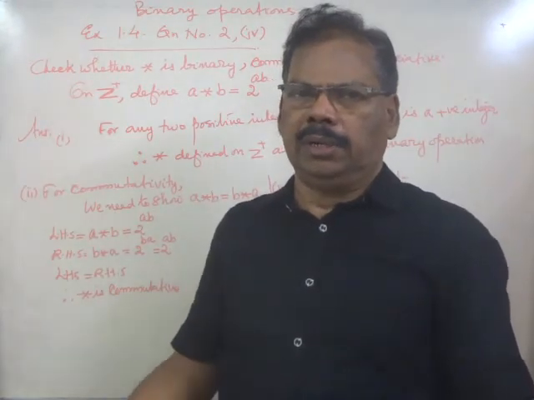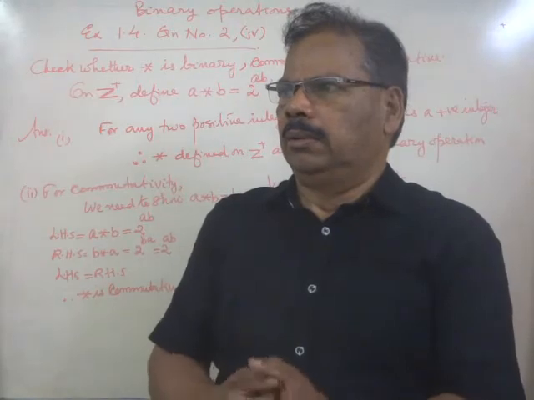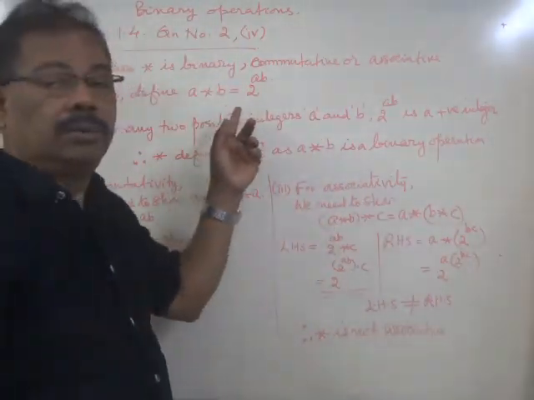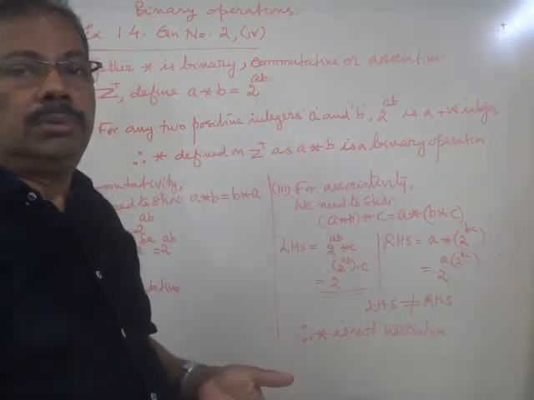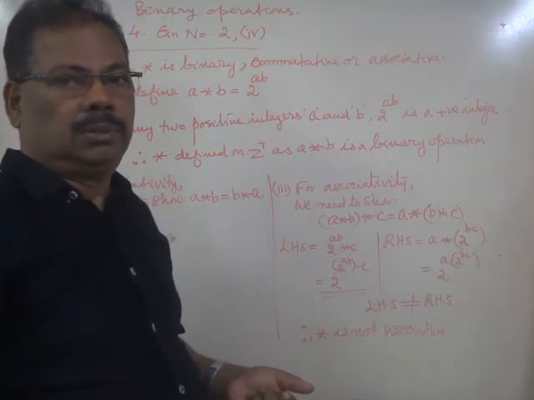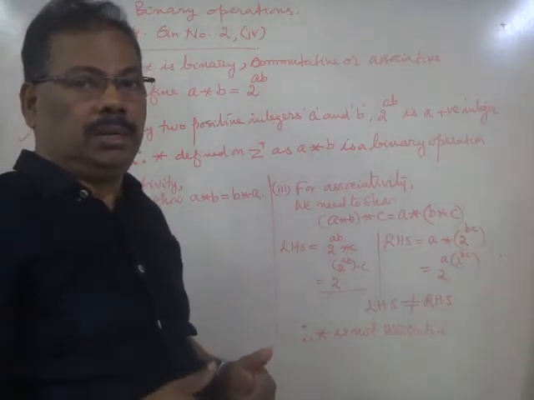For commutativity of this operation star, consider two elements a and b in z plus. If a star b is equal to b star a, then it is commutative.